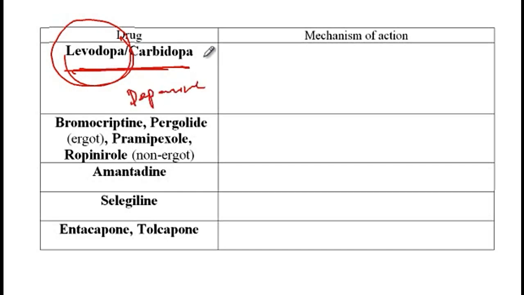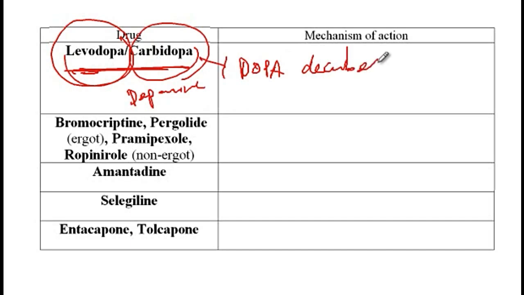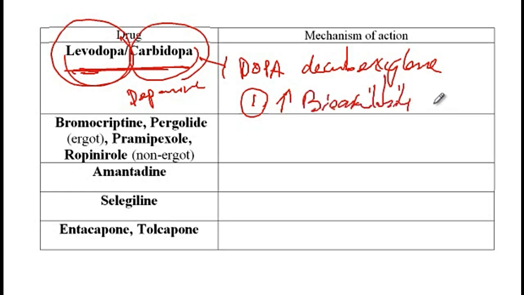This medication is co-supplemented with Carbidopa, and the reason for that is that Carbidopa prevents the peripheral conversion of L-DOPA by blocking the DOPA decarboxylase enzyme. And thus there would be increased bioavailability of the drug to the brain, in addition to decreased peripheral side effects.